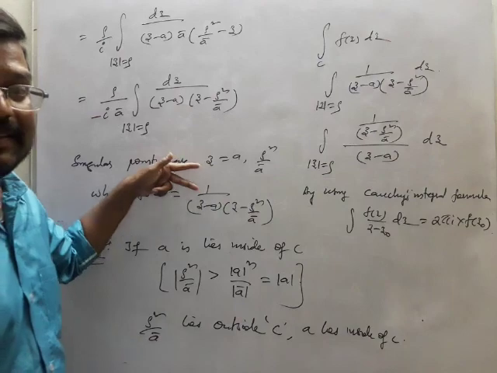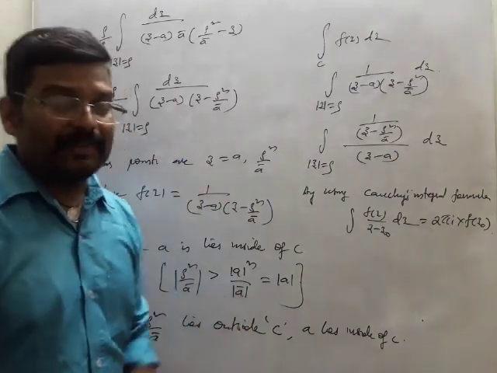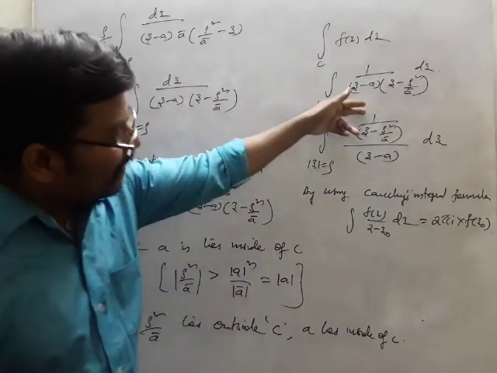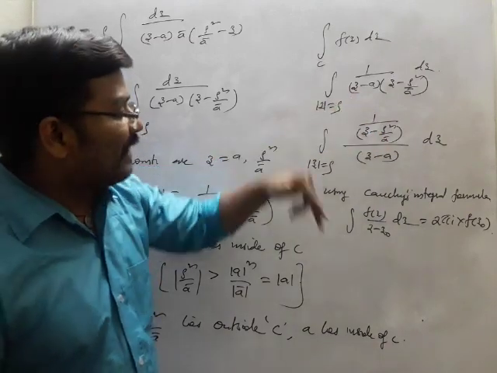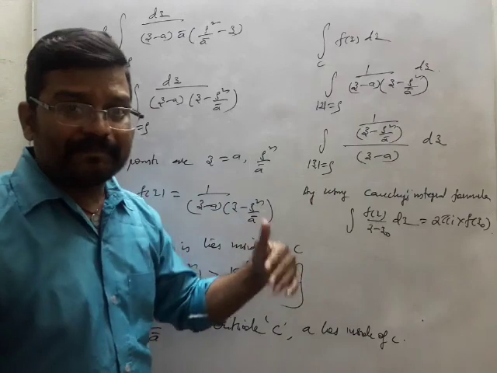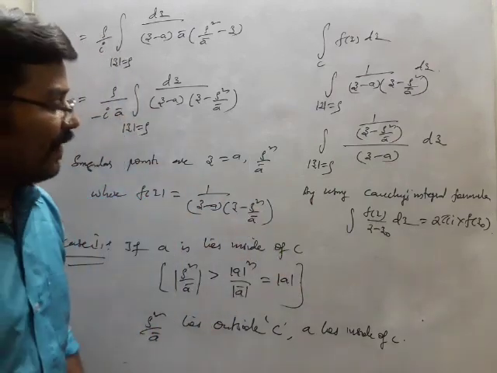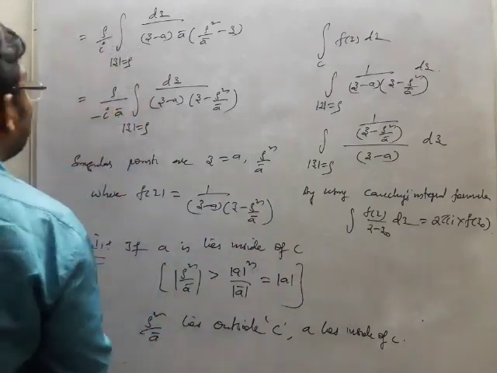There is also another important point; we have already done so many problems regarding that. So 1 by z minus rho square by a bar can be taken in the numerator, and z minus a in the denominator. By using this formula, what do we get?